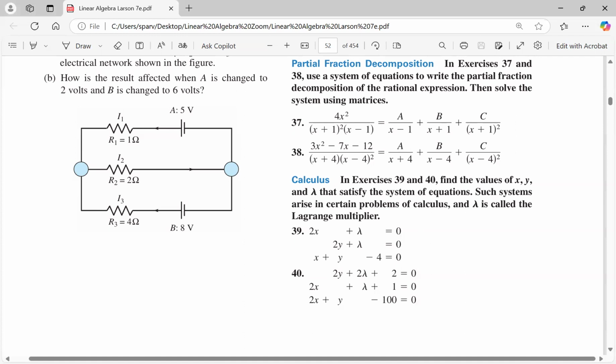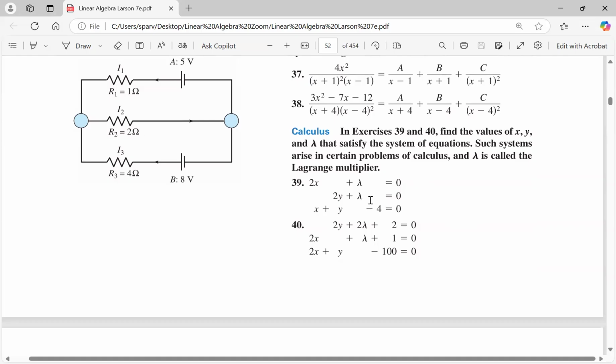So let's take a look at exercise number 39. Now, as I'm reading, I'm gonna jot it down on my notepad here so I have it. Now, in exercise number 39, the question reads, find the values of x, y, and lambda.